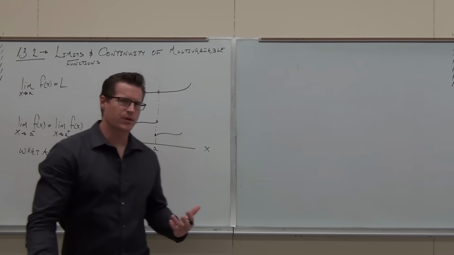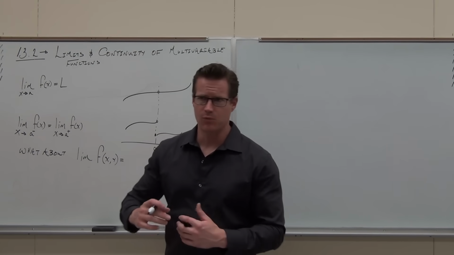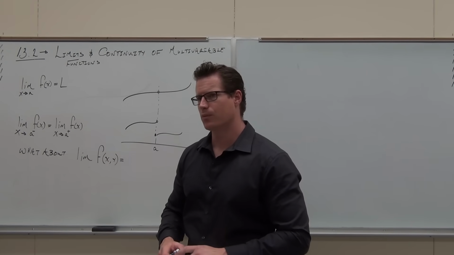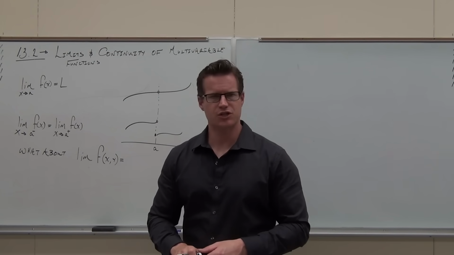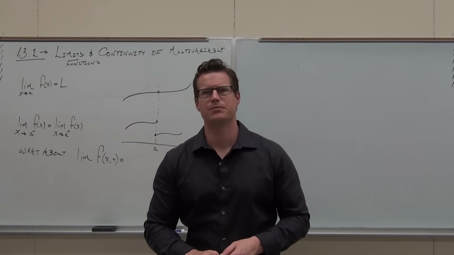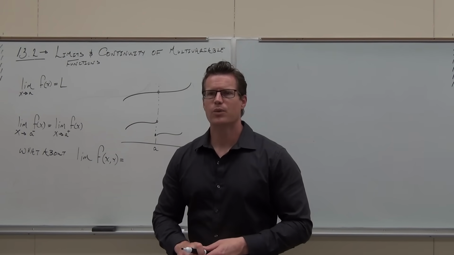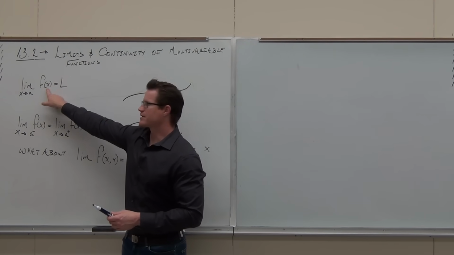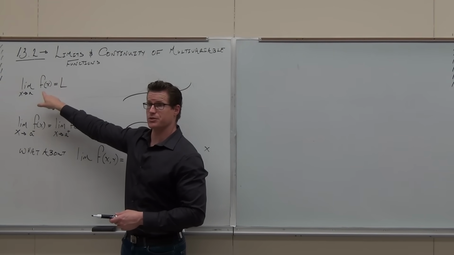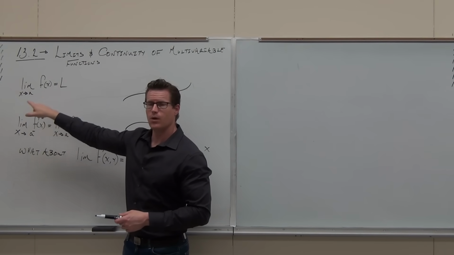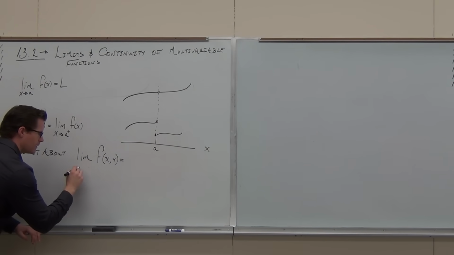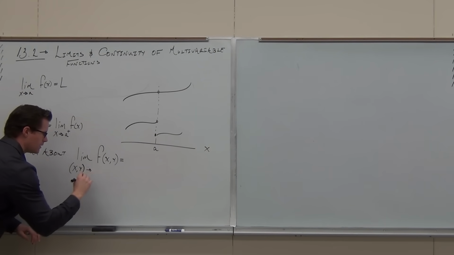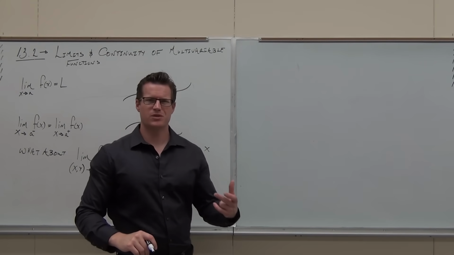What has to happen for a limit to exist if we have more than one independent variable? Well, there's an issue, right? The issue is a very huge ambiguity right now. Are we traveling along one axis of one independent variable? The answer is no. Do you remember doing this from last section?